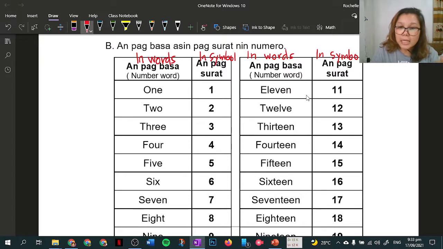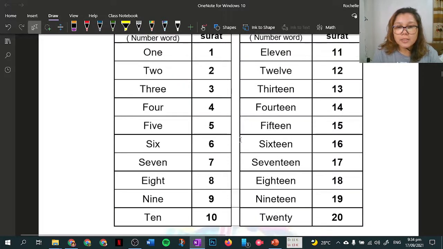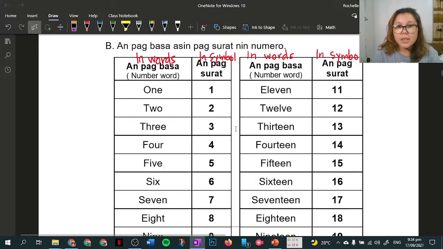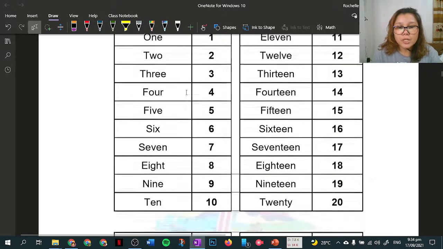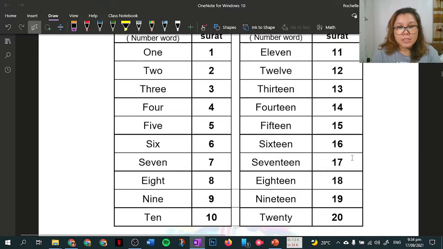And then, para din clear, to verify that this symbol is read correctly or is interpreted or seen correctly. Okay, so I will let you study this, especially the spelling from number 1 until 20.